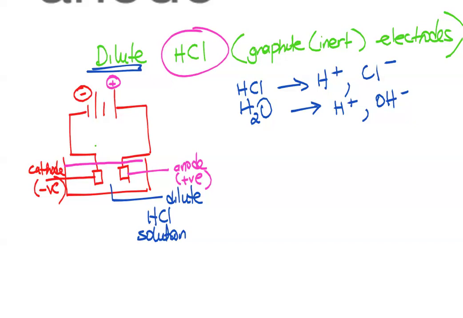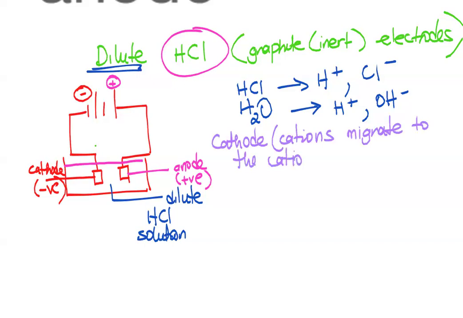So we have to figure out at the cathode what's going to happen. You will recall that cations migrate to the cathode, but only one will be discharged at a time, where reduction takes place. Reduction takes place at the cathode.